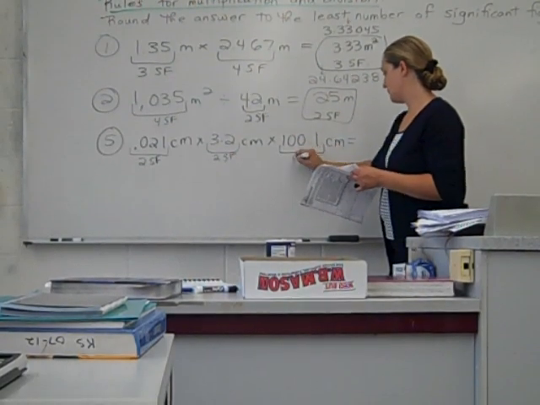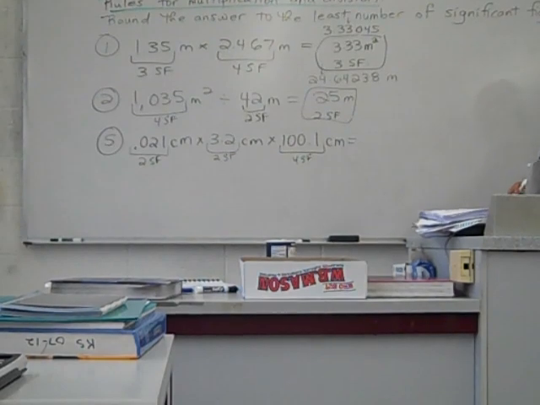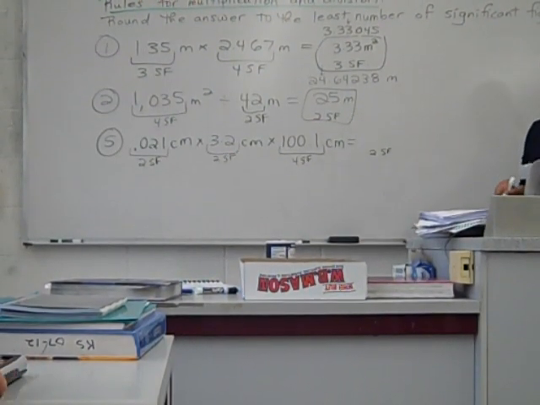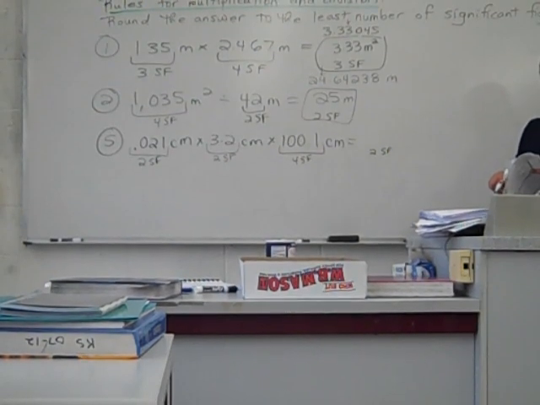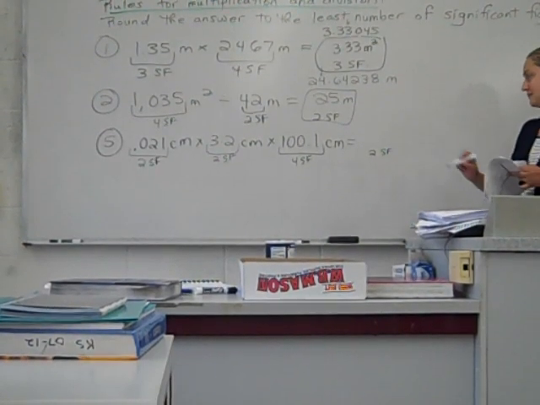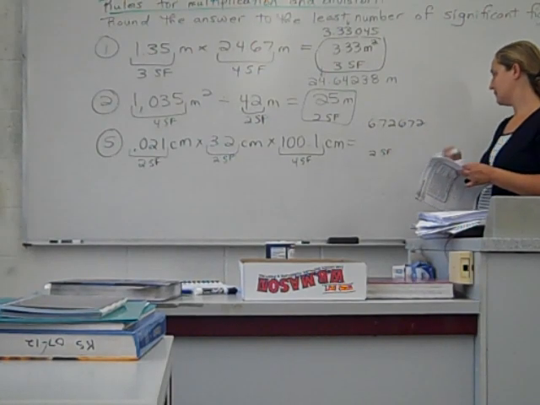Okay, so Carl, that means how many significant figures will there be in the answer? 2. Okay. What's the answer off the calculator? 6.72672. Okay.